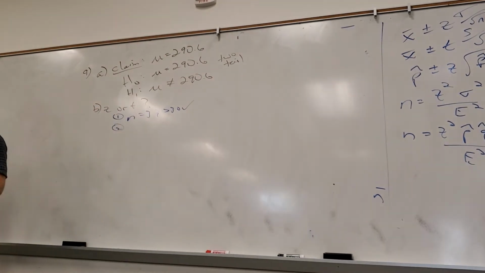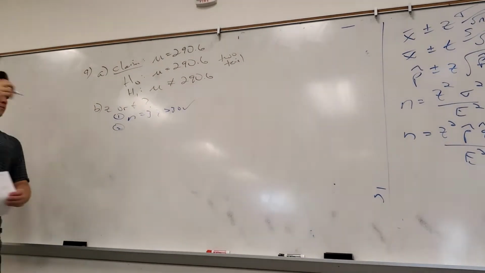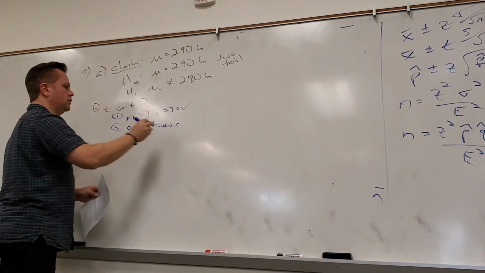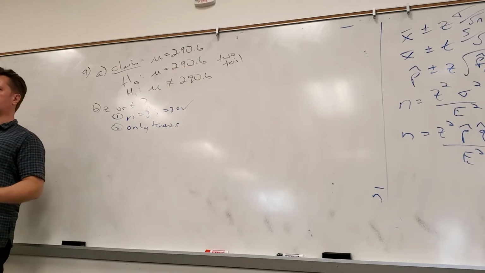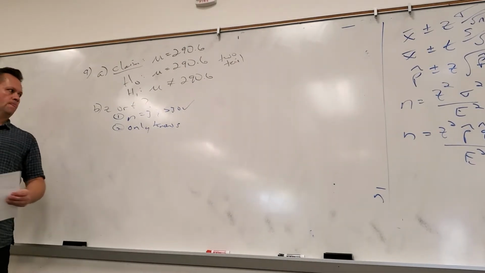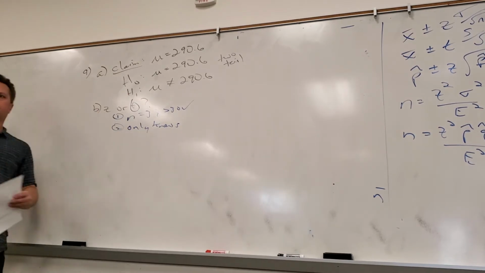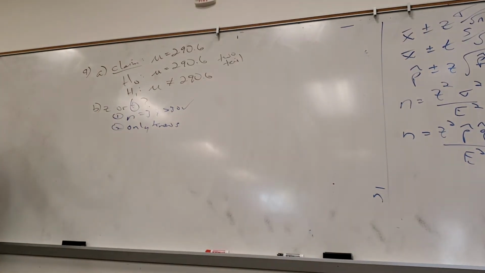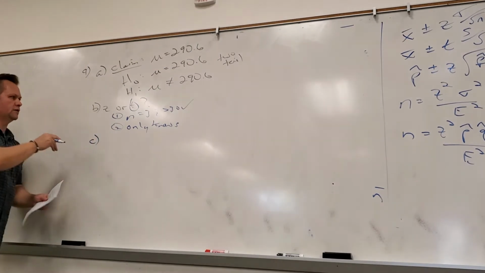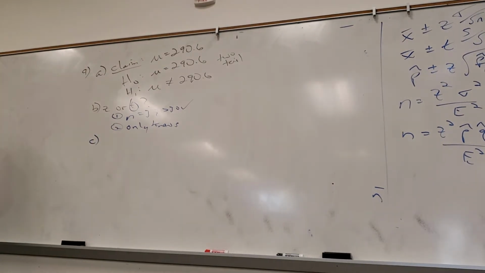I'm only given S. You can say I only know S, or you can say sigma unknown. That's the key thing, which standard deviation do we know? So then I have to use a t-score, because that's why they were invented. They were invented for when I don't know the real standard deviation. If you think I've said that many times, I have.